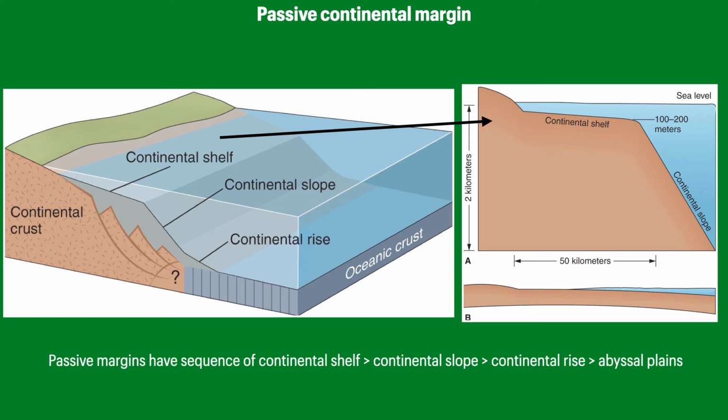In passive margins, we have this transition from the coastline to what we call the continental shelf, to the continental slope, then to a continental rise, and finally the abyssal plain.